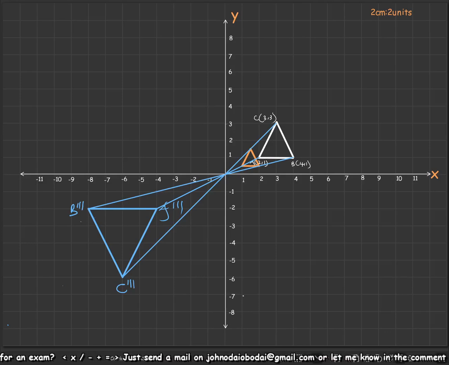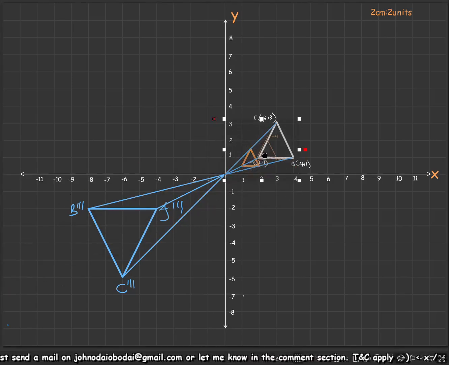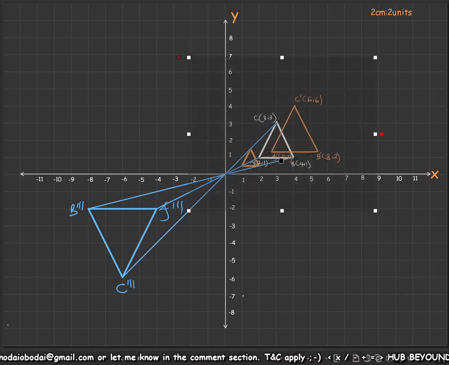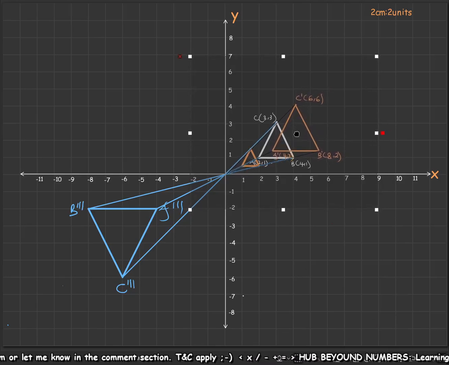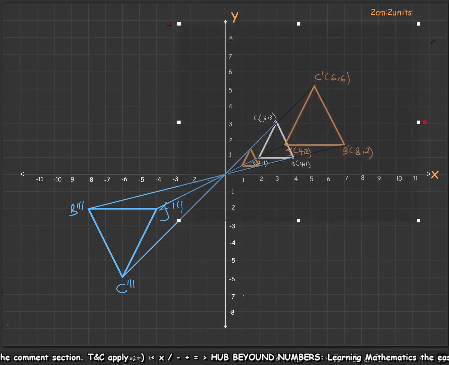You get it? So you remember that the previous one, the very first one we did, this was how it was. But then it was on this side of things.